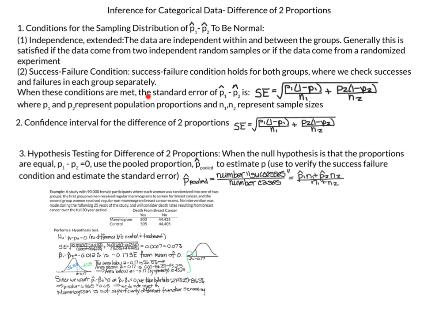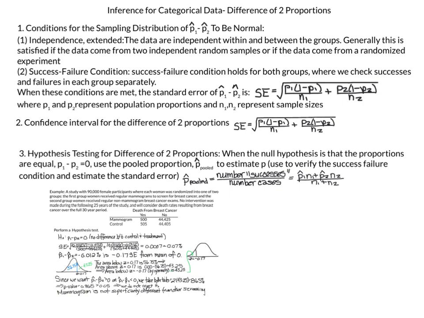When these conditions are met, we have this formula for the standard error, which is equal to the square root of p1 times 1 minus p1 over n1 plus p2 times 1 minus p2 over n2, where p1 and p2 represent population proportions and n1 and n2 represent sample sizes. From there, we can do a confidence interval, and we can also do hypothesis testing.